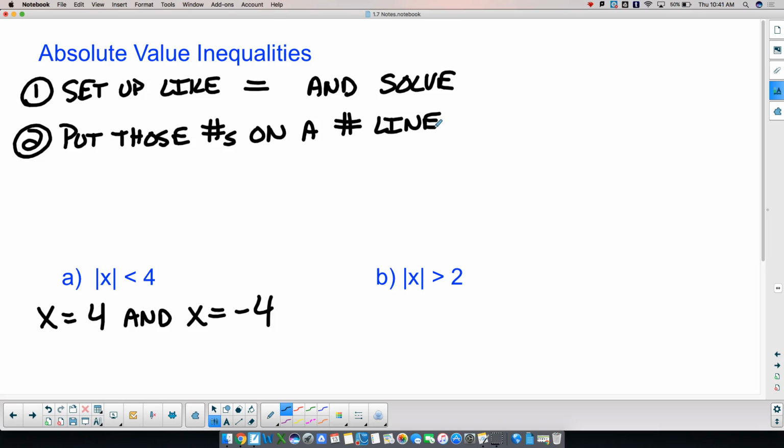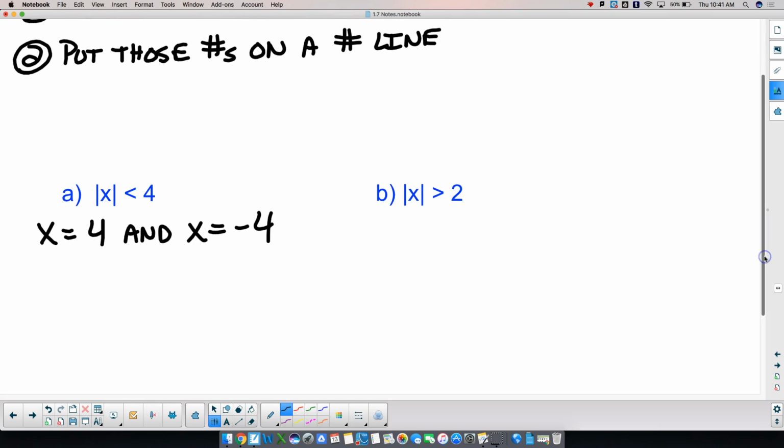Okay? So I'm going to put those numbers on a number line. So I would put on this number line down here, 4 and negative 4. Now, that's going to create some zones on my number line. If I have 2 numbers on my number line, I now have 3 zones.